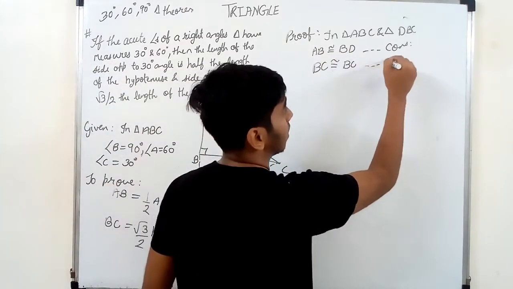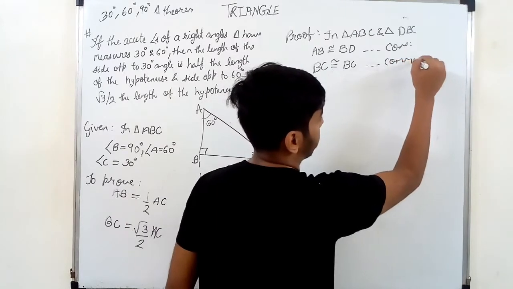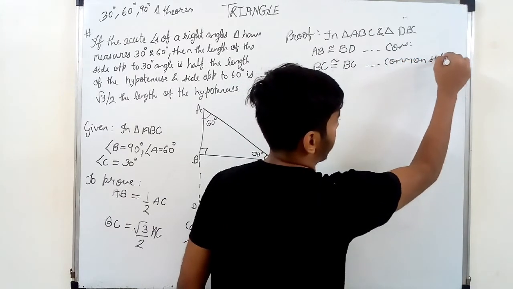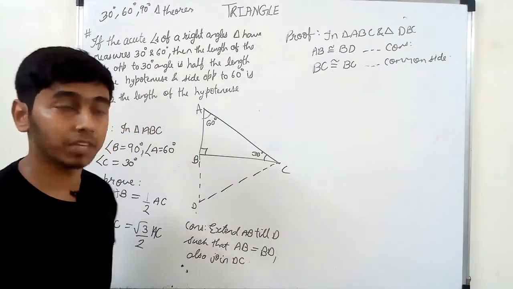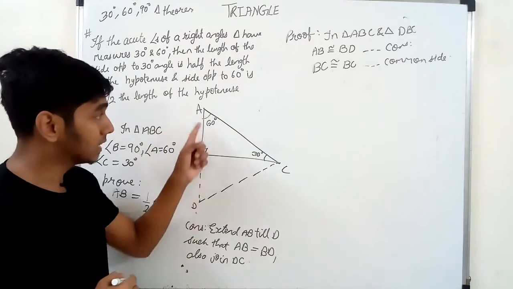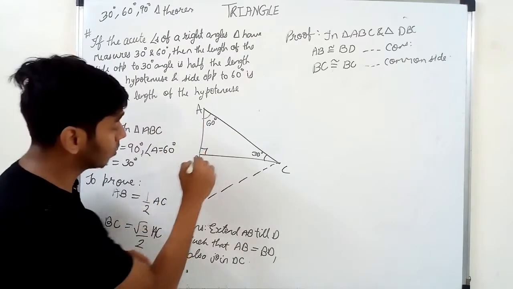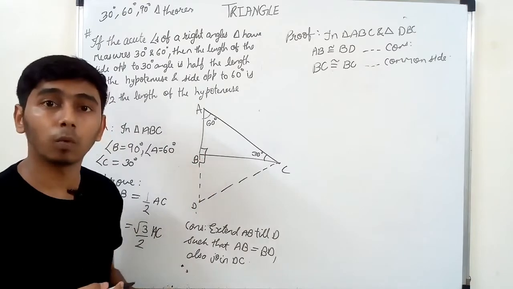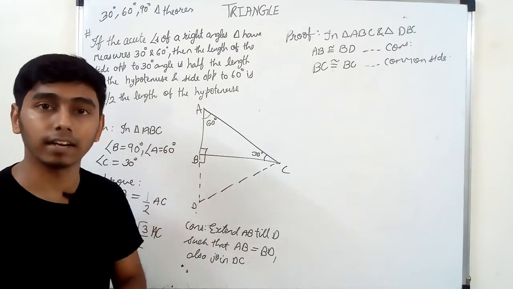The reason: common side, yes or no? Now can we say this is 90? Can we not say this is also 90? Why? Because we had just extended this, right?